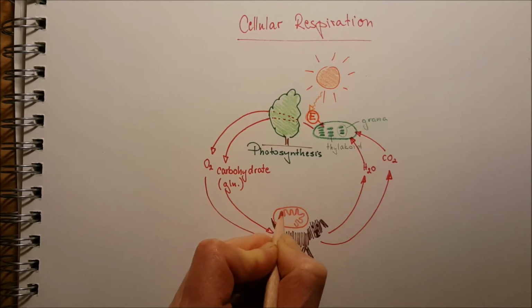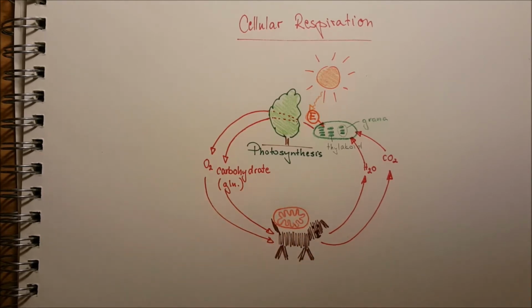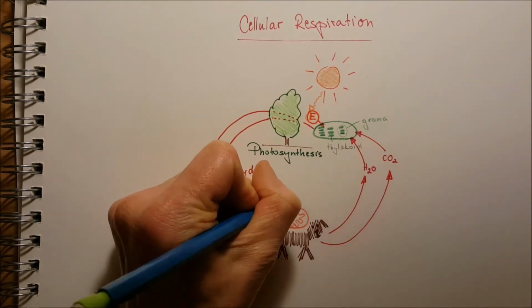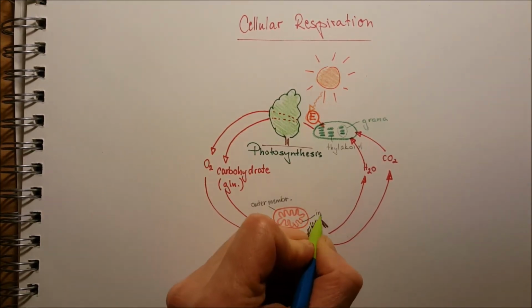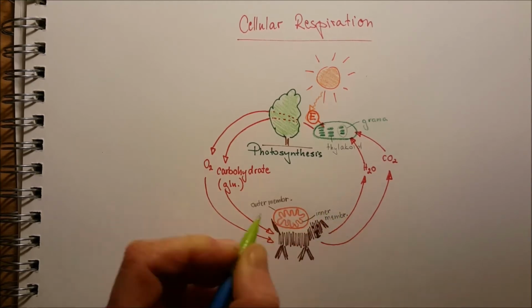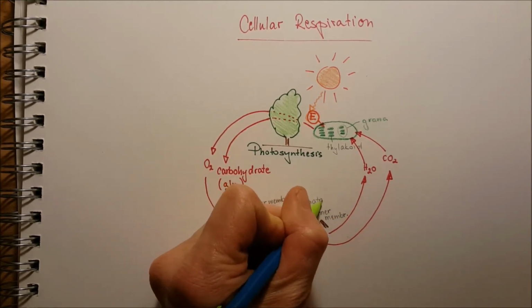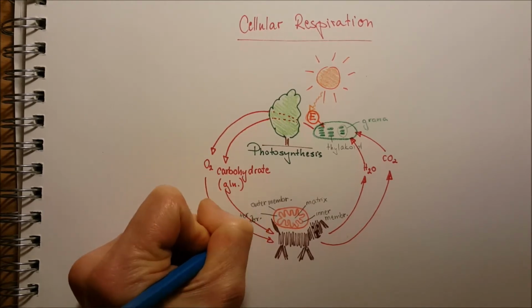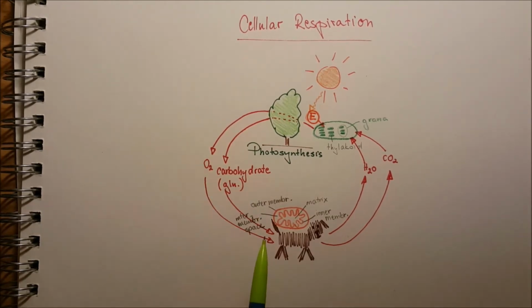This is the mitochondrion, the inner membrane with the cristae, and the outer membrane. The inner membrane is inside. Inside of the inner membrane is the matrix, and between the outer and inner membrane is the intermembrane space.